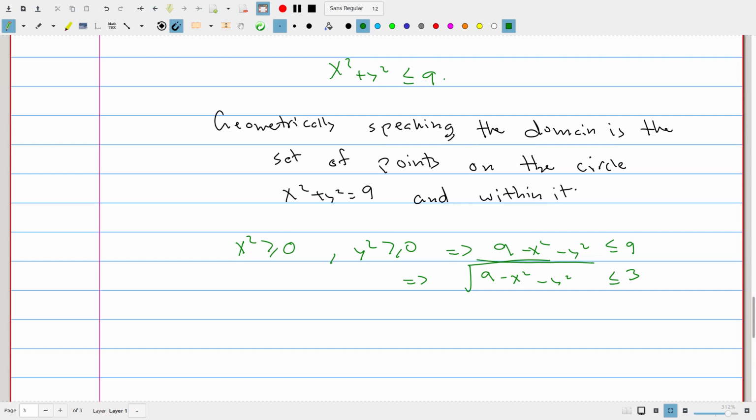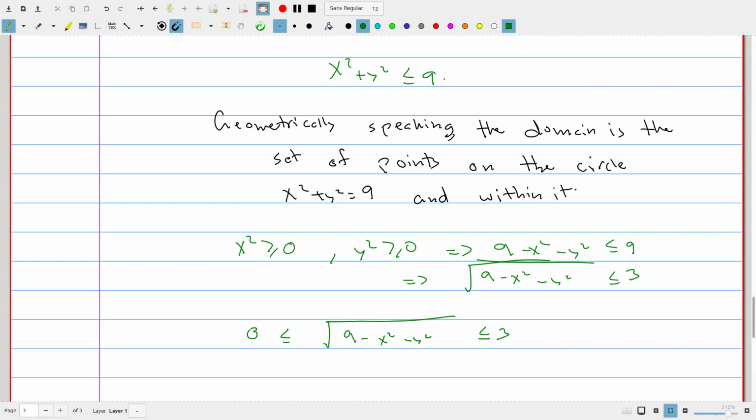And of course, since this is a positive square root, this must be greater than or equal to 0. So we have the following lower and upper bounds: 0, the square root of 9 minus x squared minus y squared, 3.